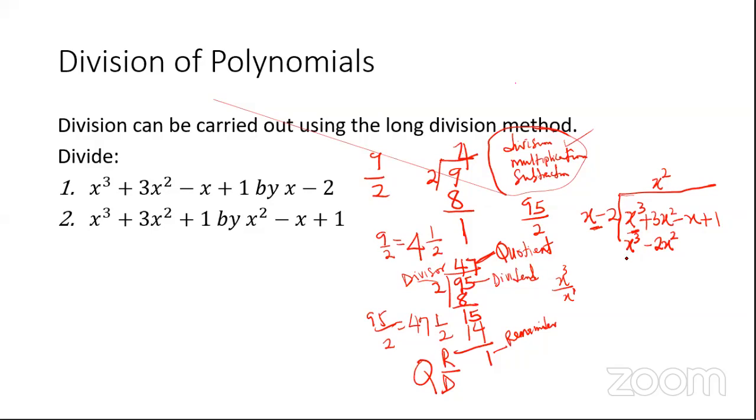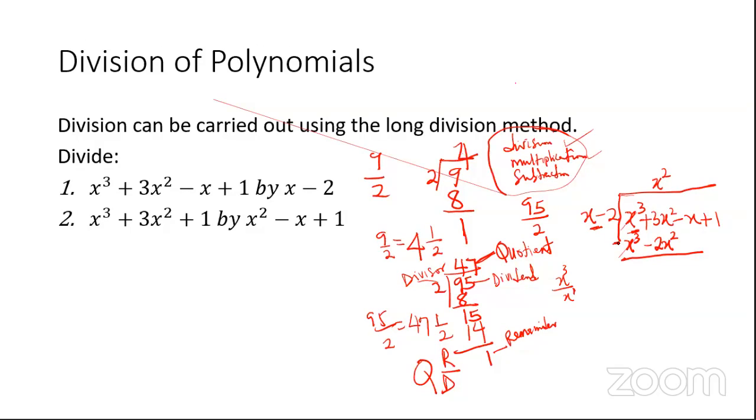Then you carry out subtraction. You can see that we have multiplied. Then the next thing is for you to subtract. When you are subtracting x raised power 3 minus x raised power 3, it will cancel out to give us 0.